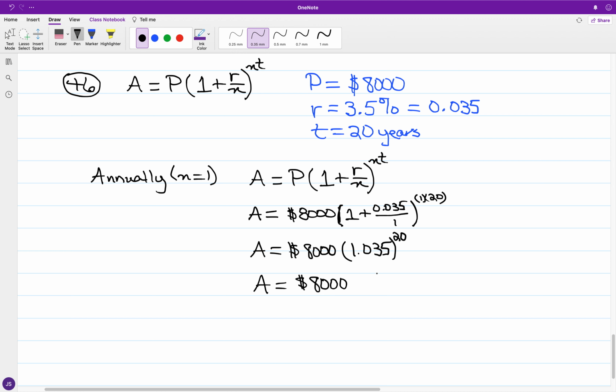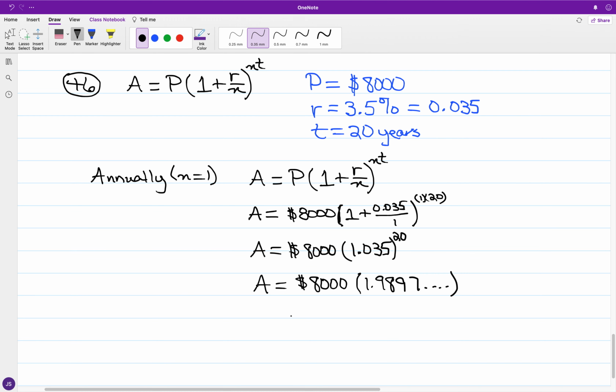Now for 1.035 to the 20th, you have your x to the y or y to the x key, or it could be the arrowhead or caret symbol that you use. For 1.035 to the 20th, that number is slightly under 2, right at 1.9897.